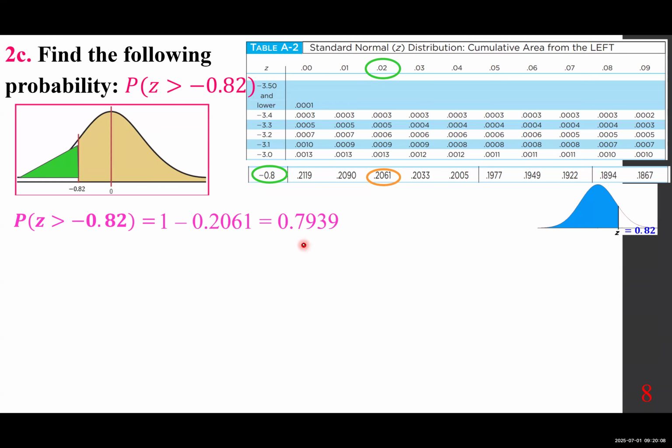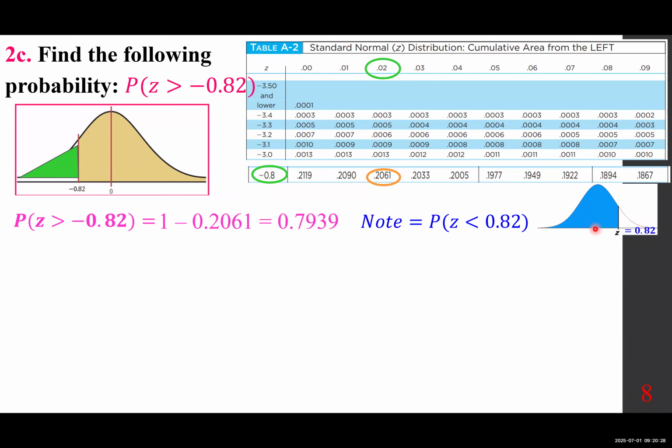And by the way, by symmetry, area to the left of negative 0.82 and area to the right of 0.82 are the same.